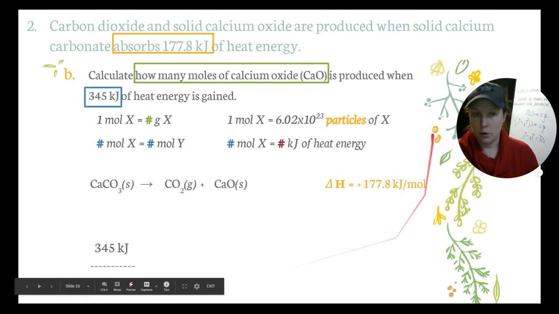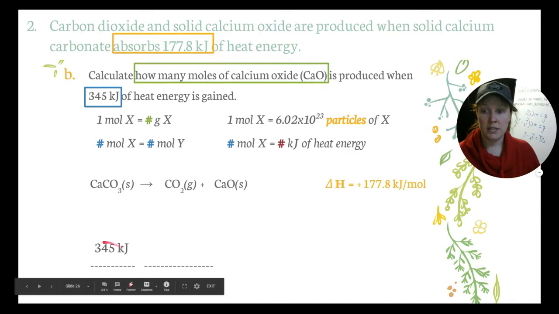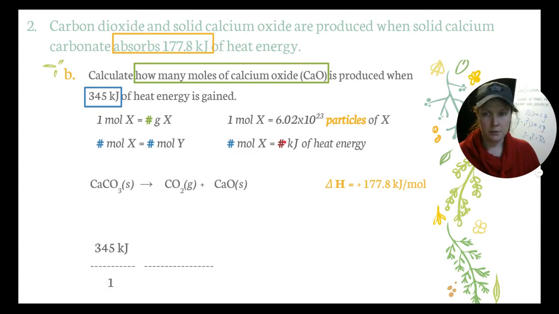We know we're going to be adding a conversion factor of some sort, but we need to decide which conversion factor. We've got 4 to choose from, and if we're starting with kilojoules on top, that means we need to have kilojoules on the bottom. So which conversion factor am I going to use?